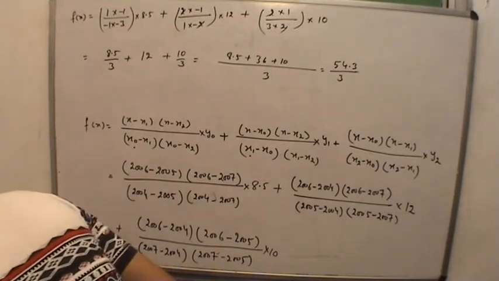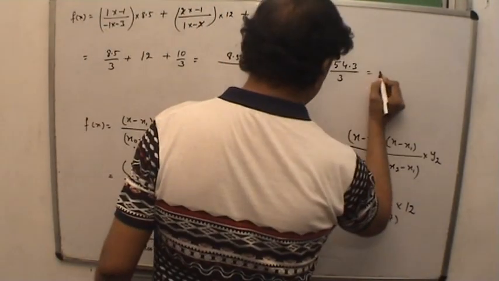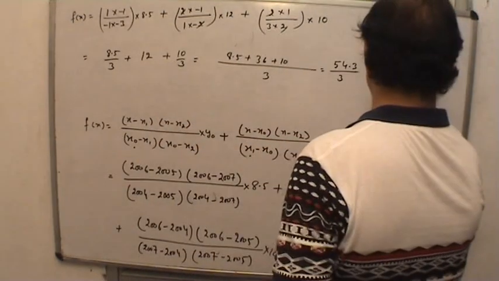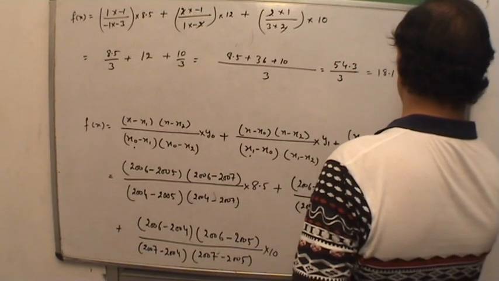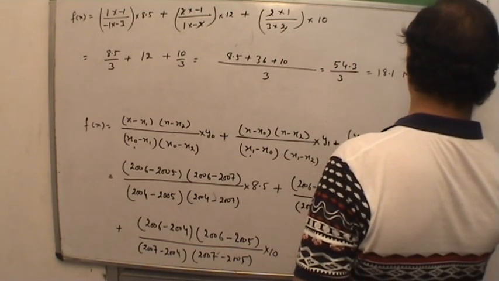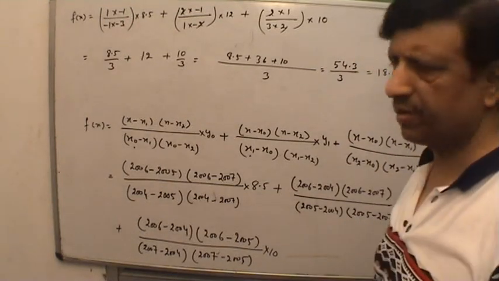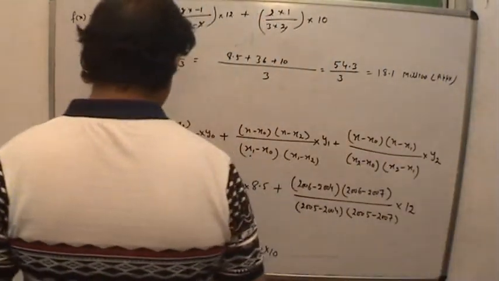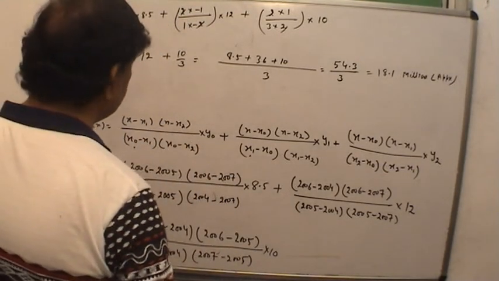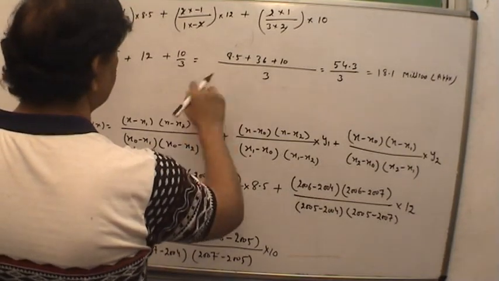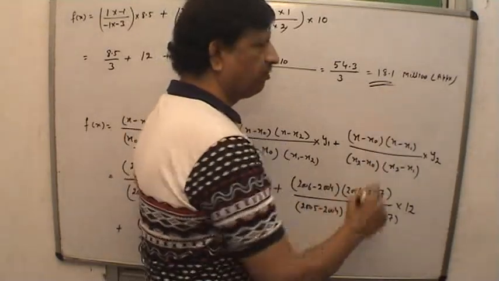So we can find that it is equal to $18.1 million approx. We write it approx because the figures are given as round figures. That is the final answer.